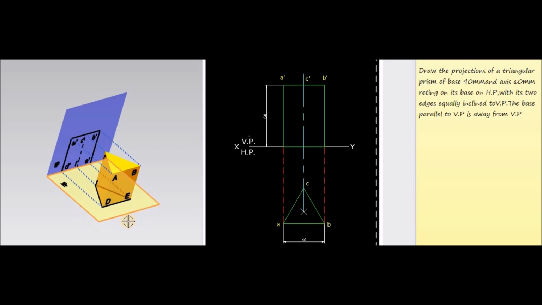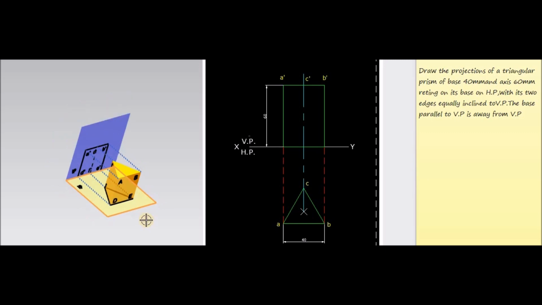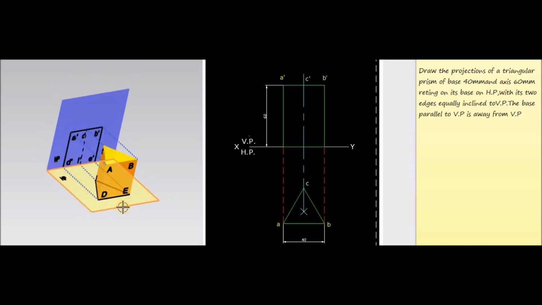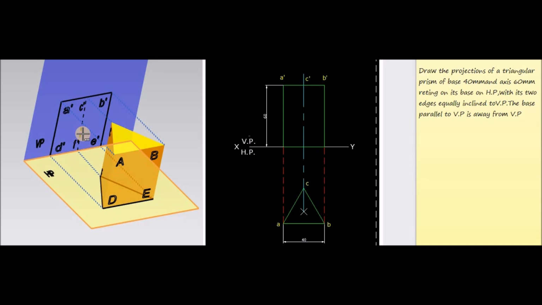Now, for considering the front view of this case, we are looking from this side, from the side AD, EB, BA. So when we are looking from this side, corresponding to these corners we will get the projections on the vertical plane, and they are represented by dashes.